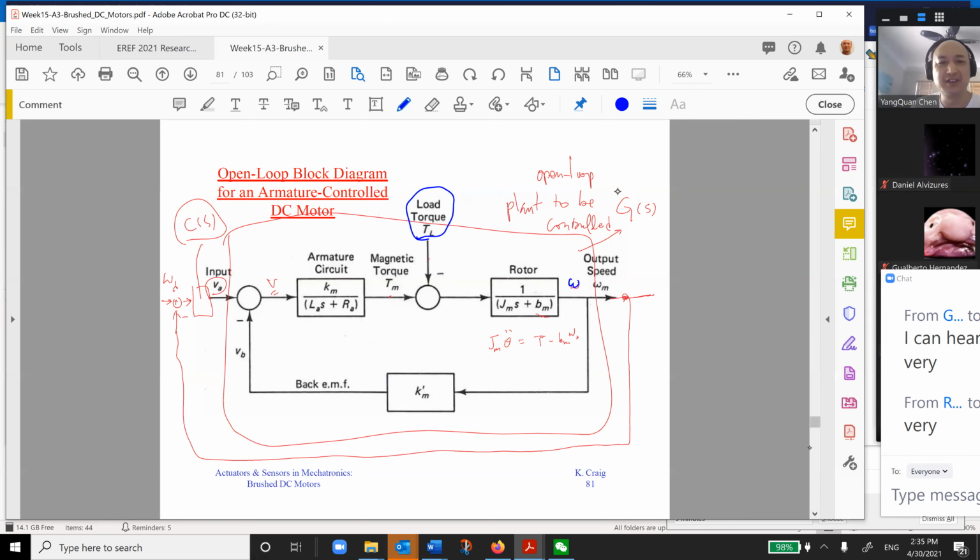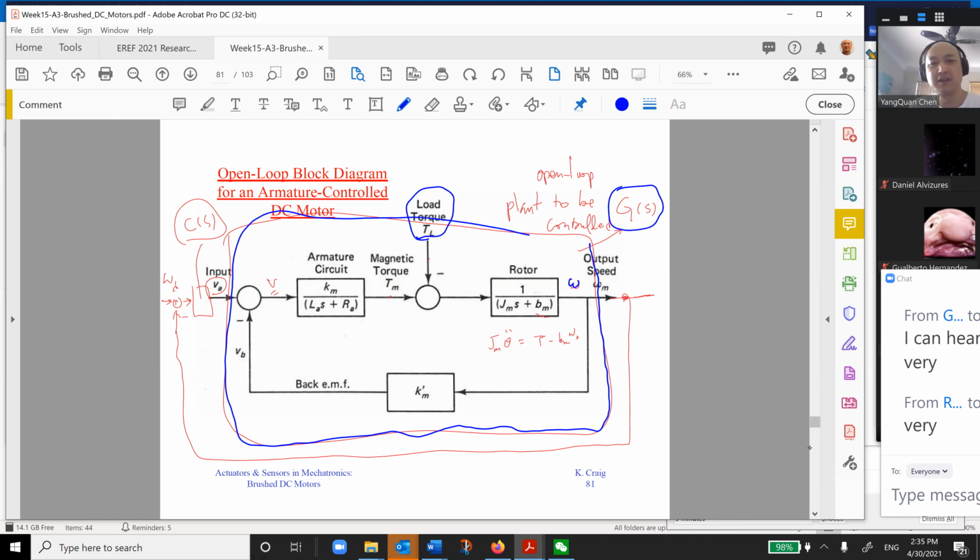So this is our G of S from this block. The whole thing is our motor system. In a motor, you give a VA, armature voltage. If you change that voltage, your omega also will change.